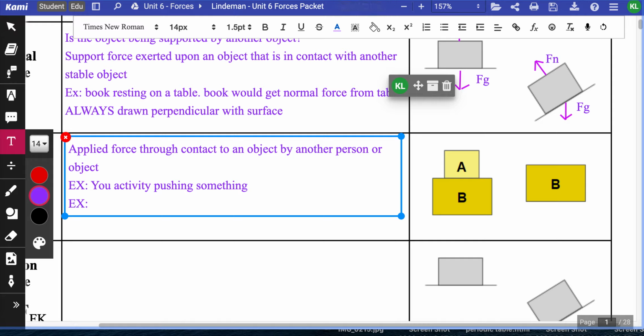Okay, so for example, if we look over here at these boxes, box A is pushing down on box B. Okay.